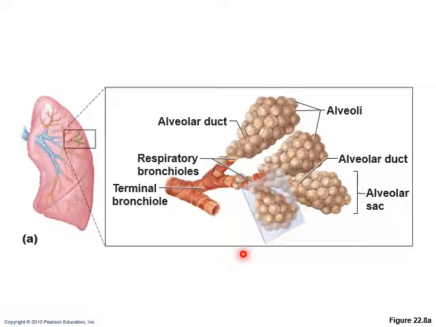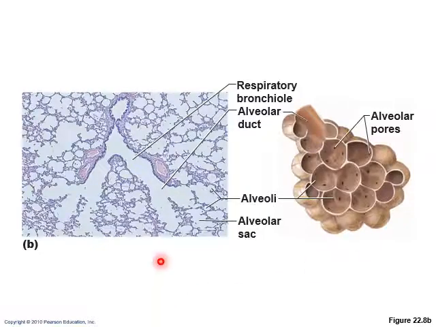So here's what that looks like. All right, so you've got tertiary or terminal bronchioles. You've got respiratory bronchioles that actually have the alveoli hanging off of them. And see what I mean by it looks like grape clusters? It really kind of does. And if you cut through a lung, then you're going to see all these little air pockets. That's what all these are.